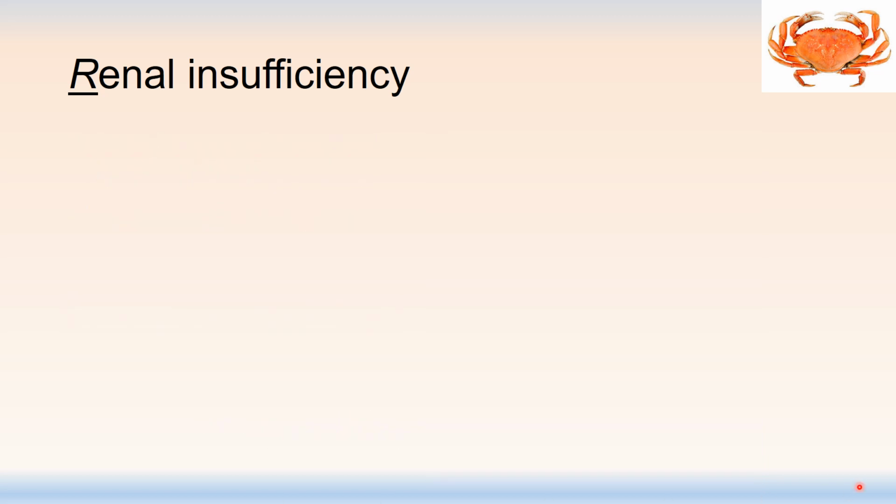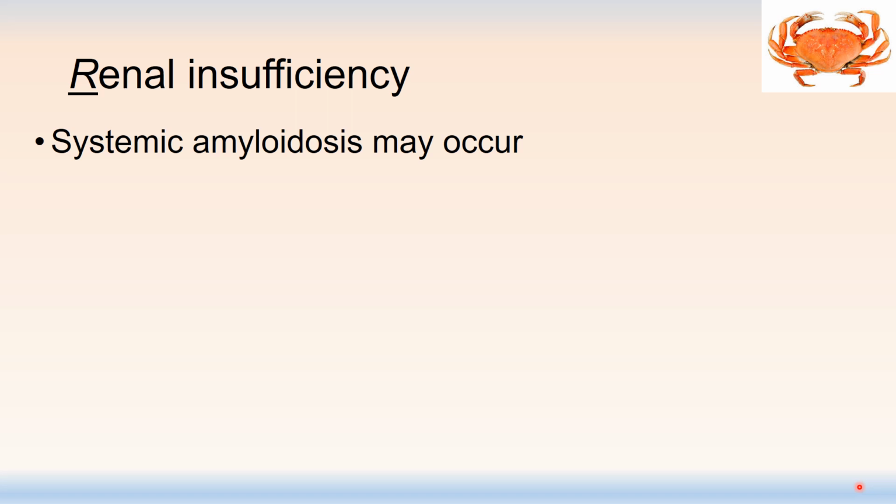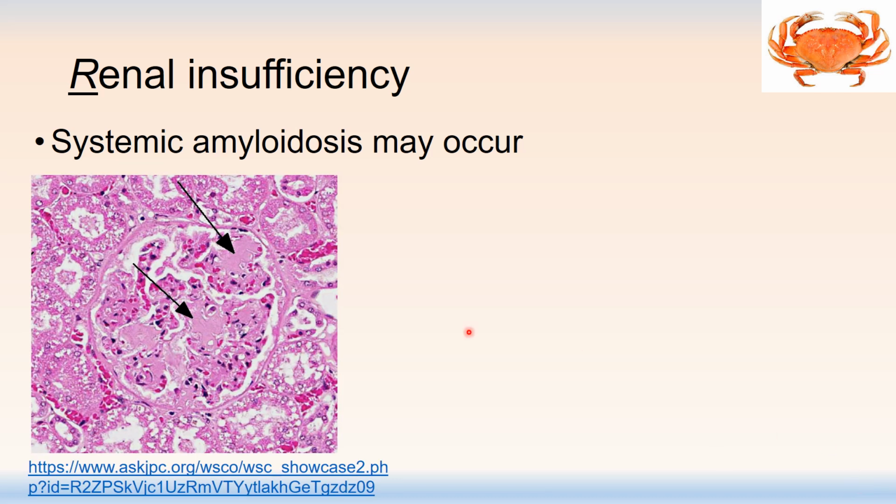Another way renal insufficiency can occur is through amyloidosis. Amyloidosis in myeloma is systemic in nature, which means that it can affect multiple organs, not just the kidney, the heart, the liver. You can find it in soft tissues as well. But when it occurs in the kidney, it is a source of renal insufficiency. Take a look at this glomerulus that has this bubblegum pink material. That's amyloid. So you can already appreciate that this would interfere with glomerular function.